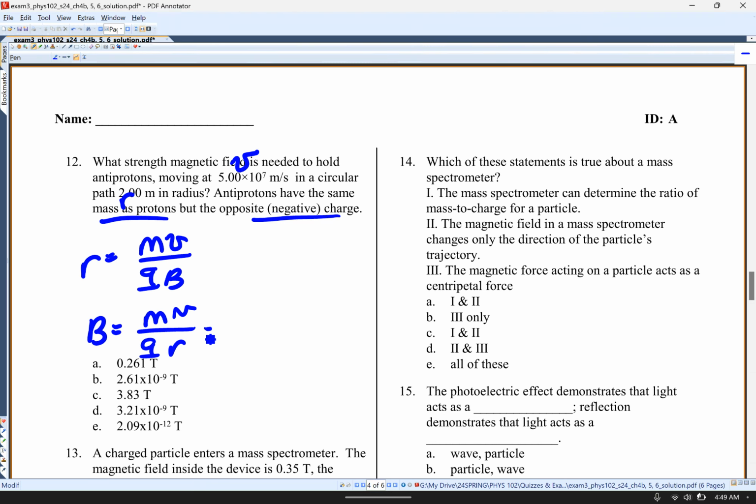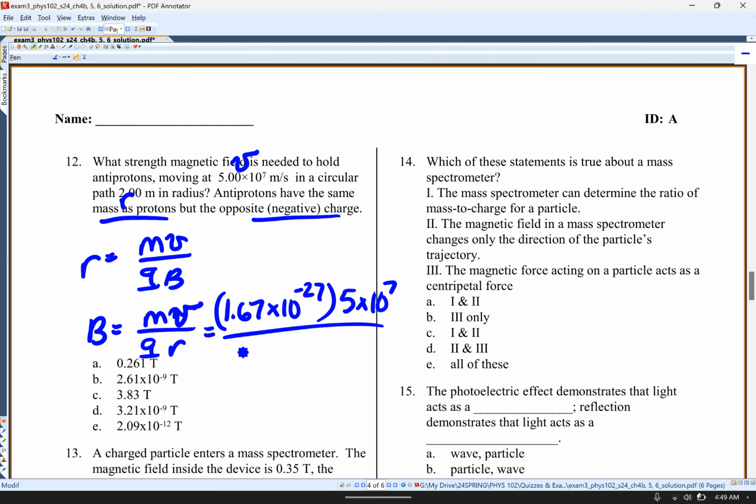So m times v. M is the same mass as protons, so that's 1.67 times 10 to the minus 27. Look that up. That's on your equation sheet, upper right corner. The v is 5 times 10 to the 7 divided by q. They have the same mass as protons, but an opposite charge.